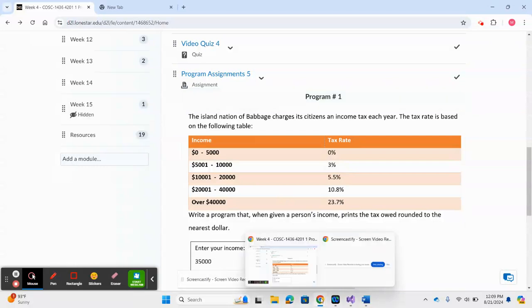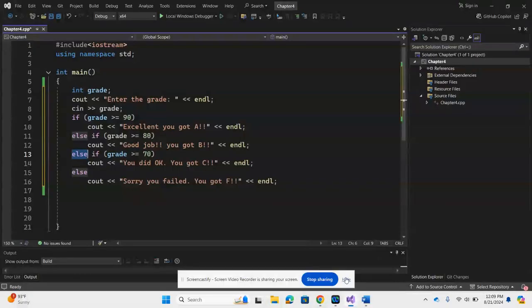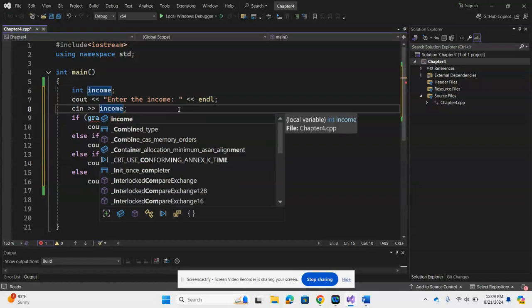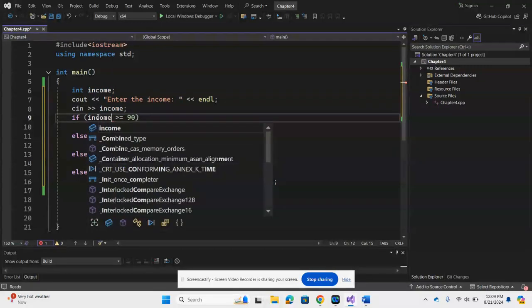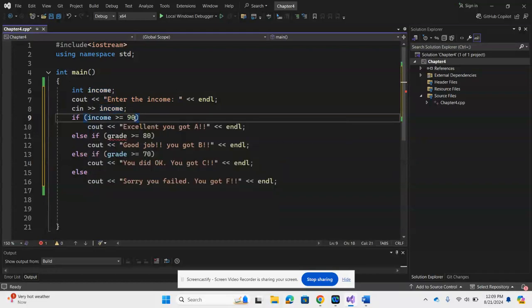So for example, if you go here, and then we have income, so I'm going to put income here. Enter the income, and then you're going to save it in the income variable. Now, as I said, you have the choice. You can either start from the top or from the bottom. So here you're going to put if the income is higher or equal than 40,000, right? Is that what it says?